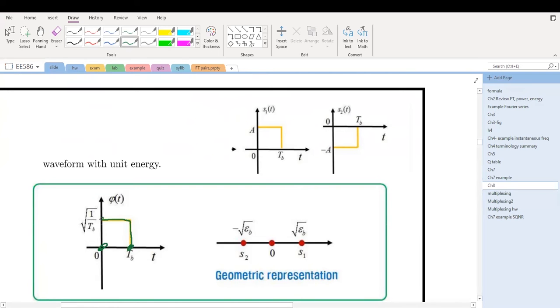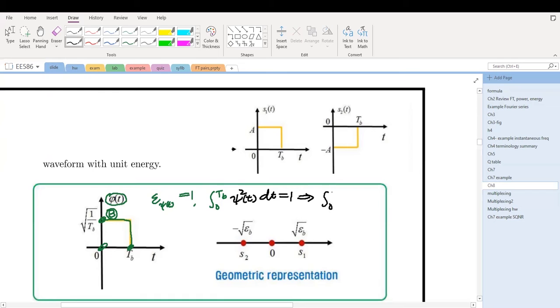So now we need to design this magnitude. I call it b. How do we know this b, the magnitude of this rectangular in this orthogonal base? This is psi(t). We know the energy in psi(t) should equal 1. So what's the energy? We do the integral from 0 to Tb of psi(t) squared dt, and that equals 1.